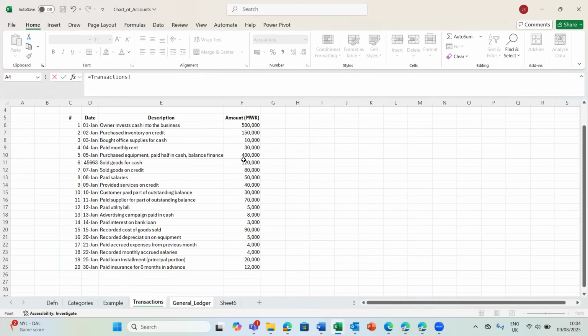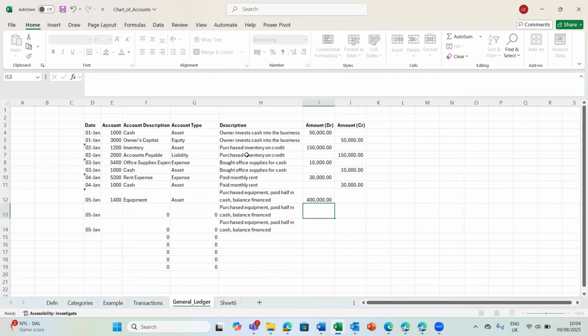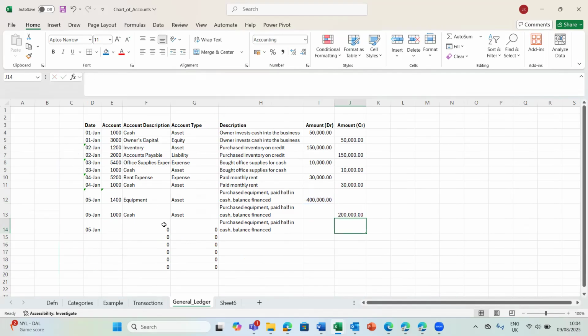We debit with 400,000. Okay. Then we credit cash. We credit cash by how much? Half. So half of it is going to what? We're paying it. So the other half is a liability. We have not yet paid for it.